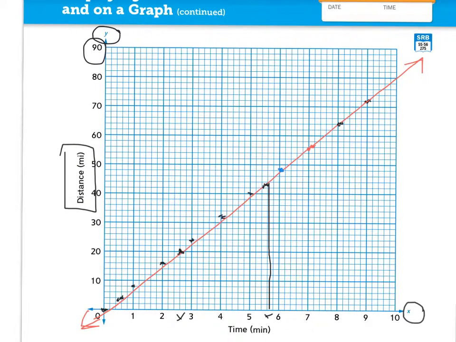So looking at 64 miles, I have 60 right here, 62, so about 64 is right there, and I'm going to run my finger all the way across, and it's going to land right there, and I'm going to go straight down, and that's telling me that it took 8 complete minutes for that one. So 64 miles in 8 minutes.